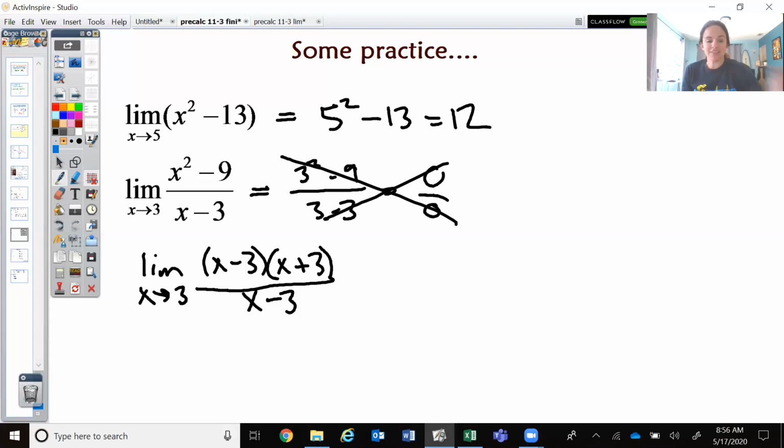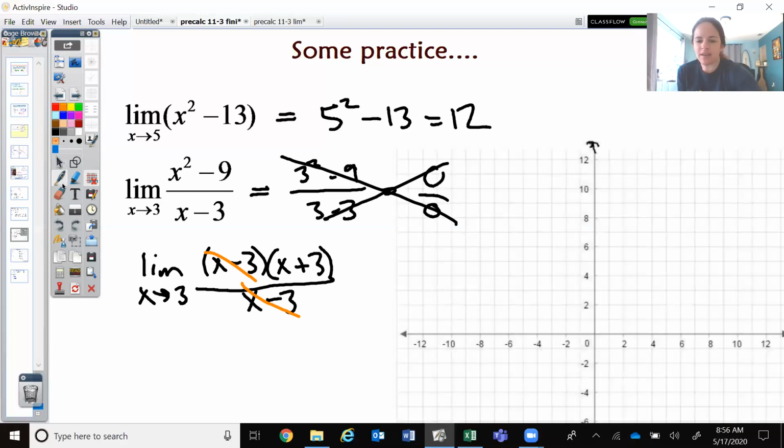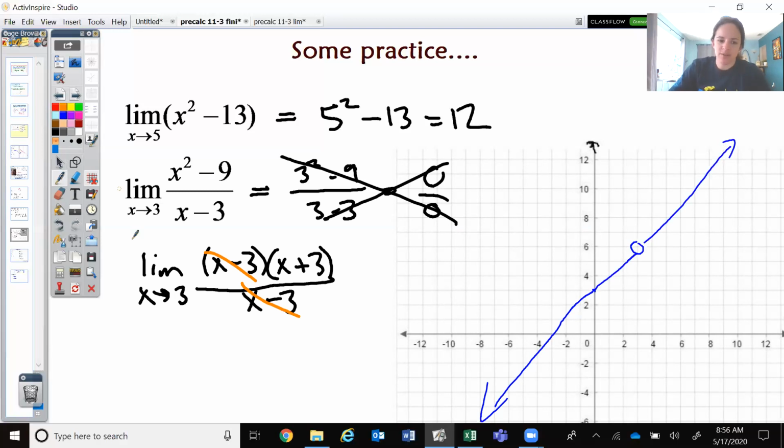And so since I have the same factor on the top and the bottom, there's a hole in the function at x equals 3, and I can cross that out, meaning that that is inconsequential to what the function looks like, except for that there's a hole there, which would give us that this graph would look exactly like the graph of y equals x plus 3, except for that when I get to x equals 3, there would be a hole in the function at x equals 3, because that was the value that would produce the 0 on top and bottom.